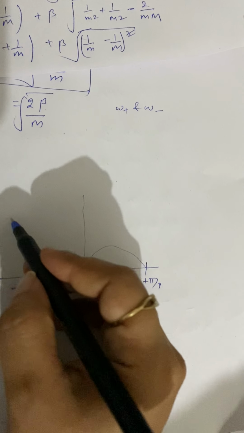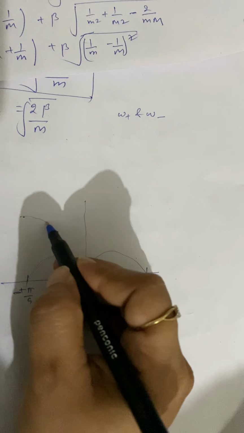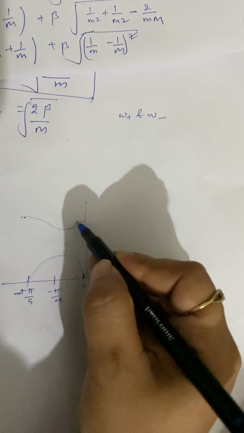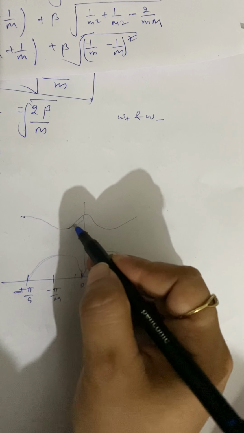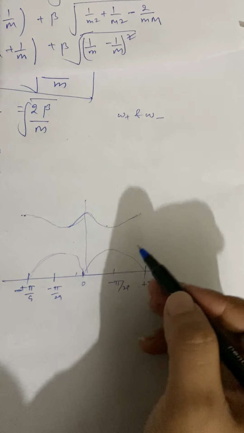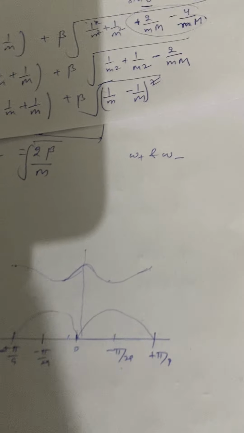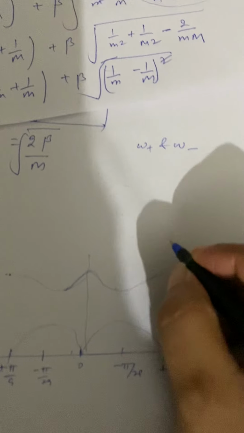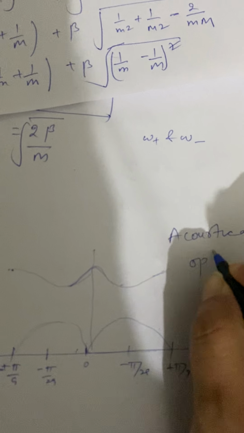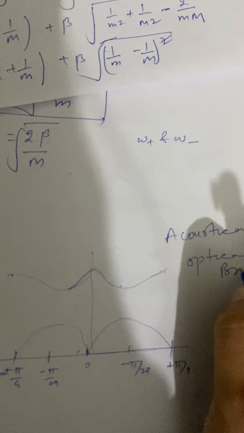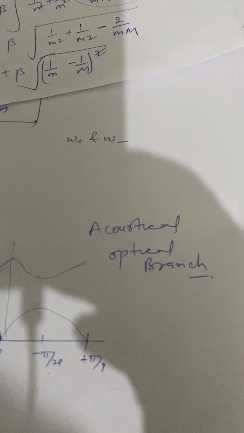So here the curve will be like this. We will have two branches here. The first one is acoustical and the second one is the optical branch.